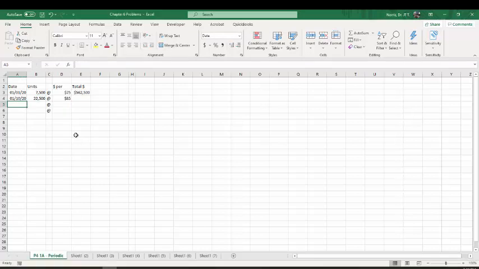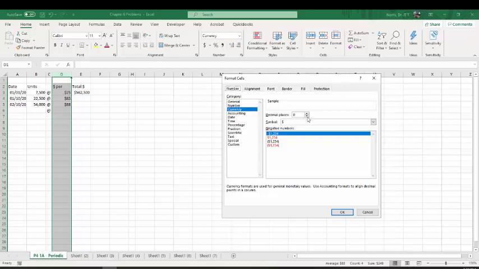We have a February 10th purchase of 54,000 that cost us $87.50. Let me go ahead and reformat that to 2 decimal places.